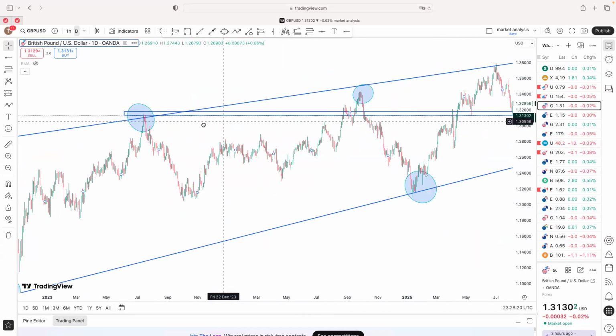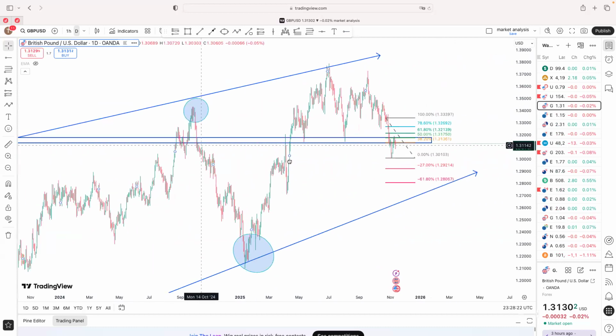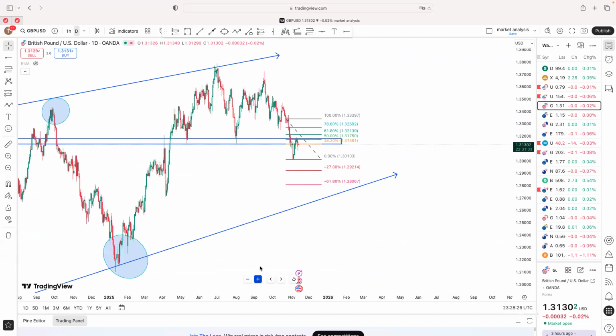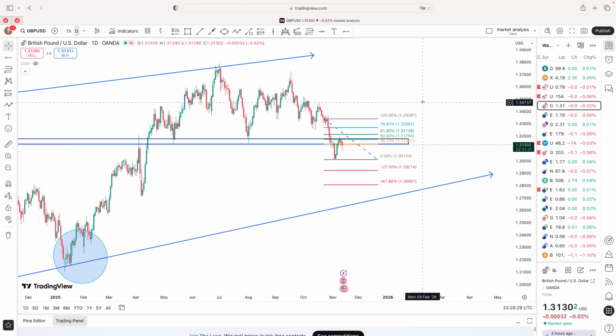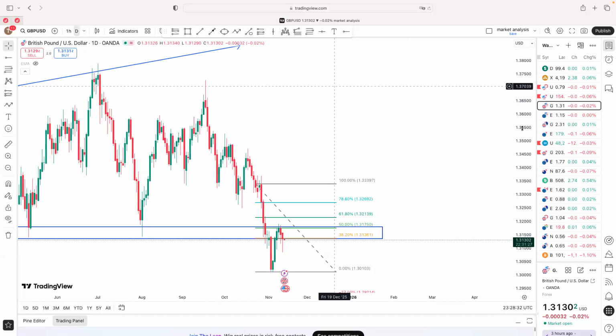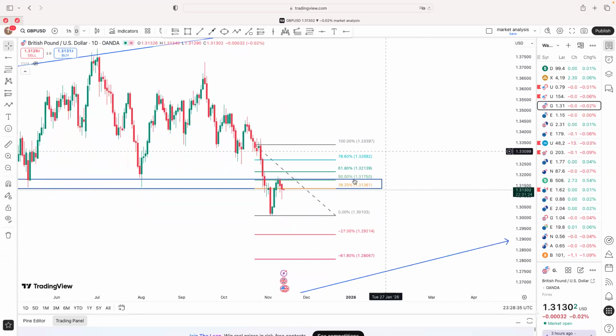Here's another touch, another touch, another touch from the very same area, which makes it a strong area of interest. When I use the fib retracement, the market retraced at the 50% level.